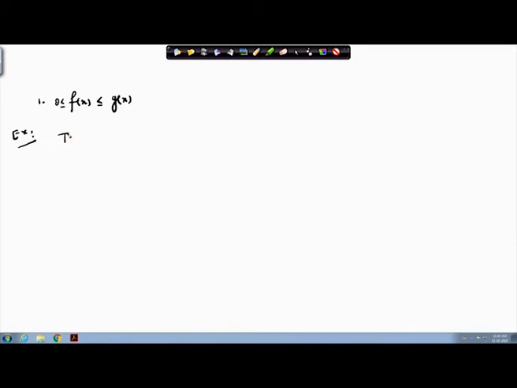So, test the convergence of the integral from 0 to infinity cos x by 1 plus x square dx.